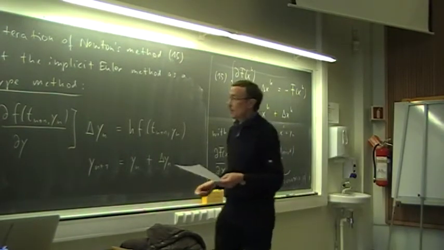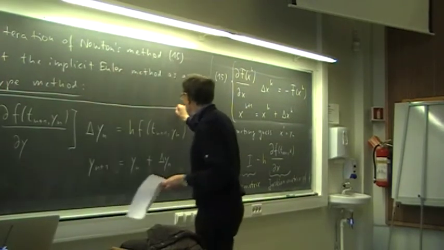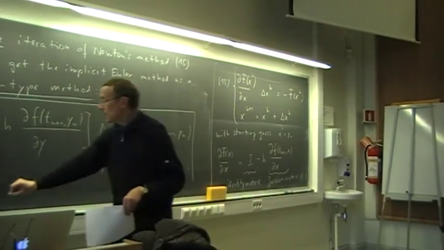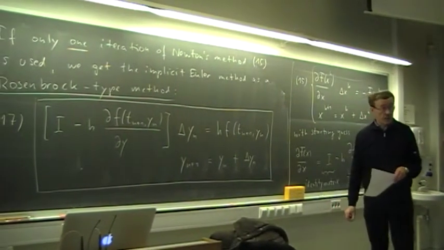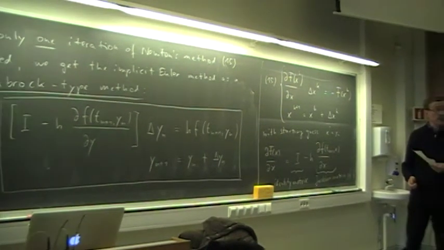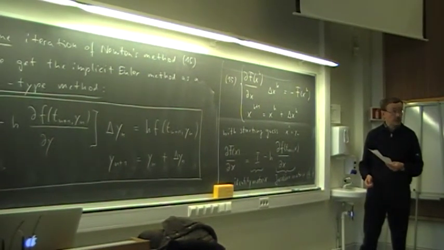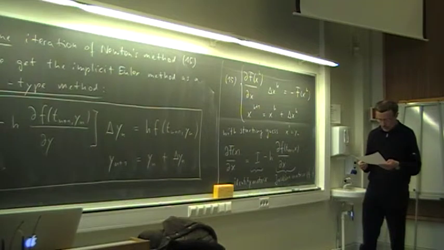So that would be our algorithm that we would use to implement the implicit Euler method. And that would be without iteration, but at the cost that we might not solve the nonlinear equation correctly or good enough, say that way.